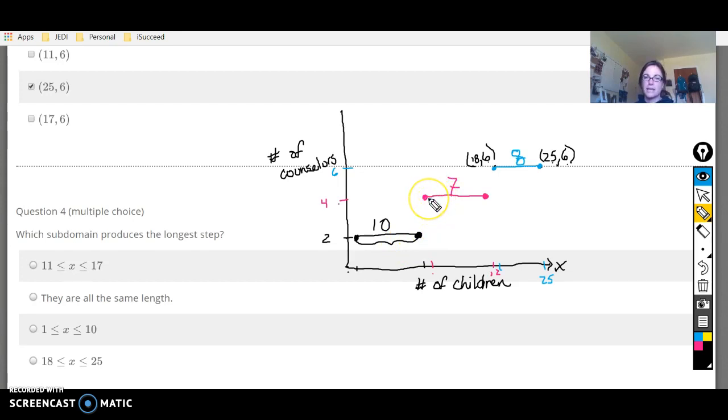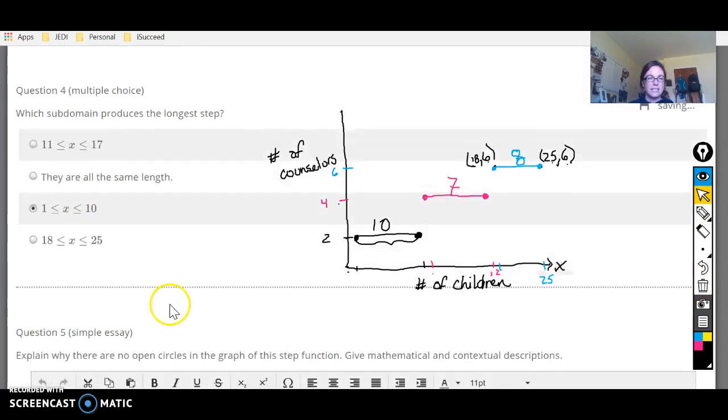Before I add additional counselors from 4, I only have to add 7 more, and the last one is 8 more. So the longest step is 1 is less than or equal to x, which is less than or equal to 10.